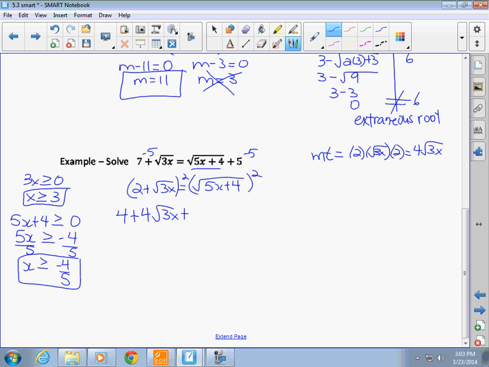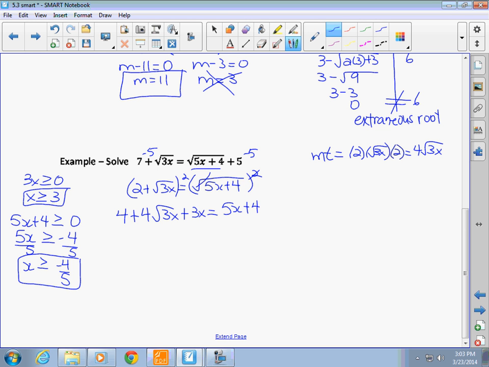And then my last term in my binomial, I have to square that last term. So square root 3x all squared. Squared and square root cancel, so it's just 3x. On this side, I have 5x plus 4.